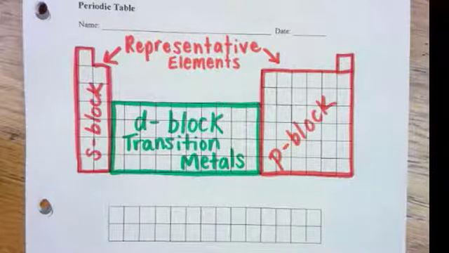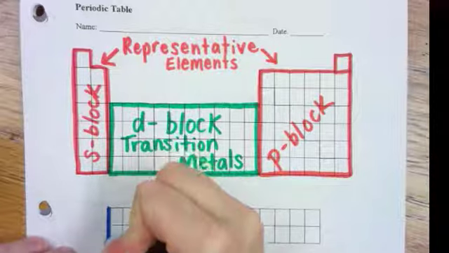The third section of the periodic table is the F block elements.